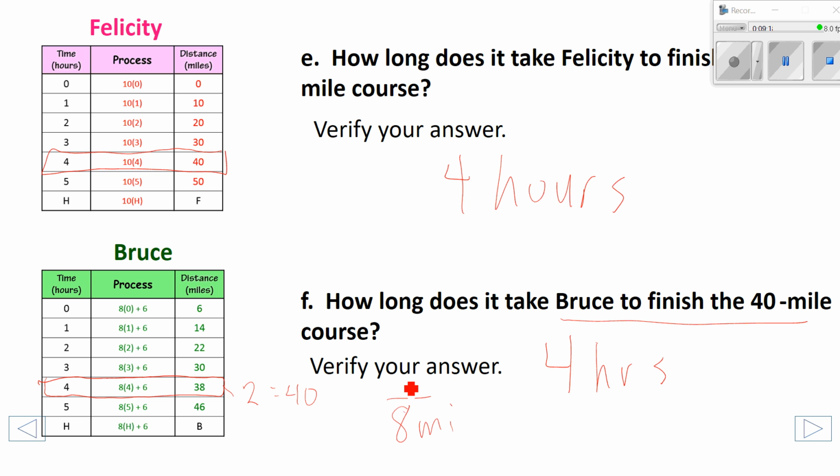And so if he has to go 2 more miles, that's going to give me the fraction 2/8. But when I simplify that, it comes out to 1/4. So if I think about 1/4 of an hour, that's going to be 15 minutes. So Bruce is going to take 4 hours and 15 minutes.